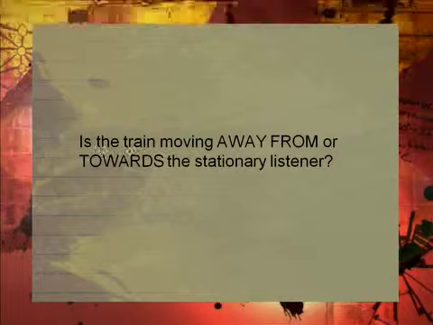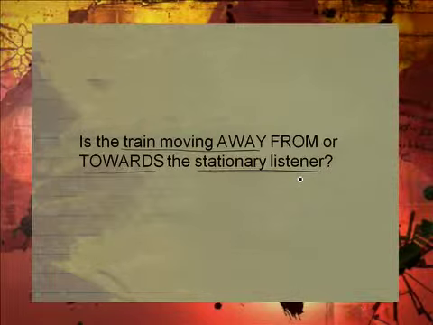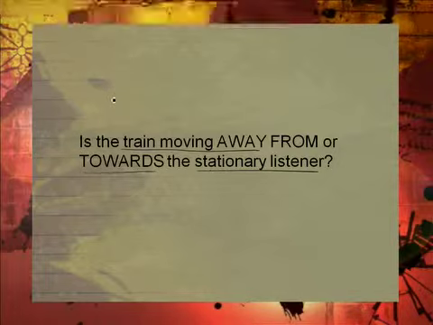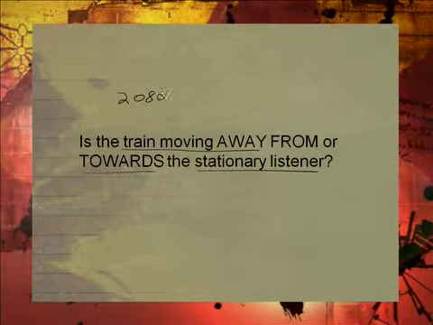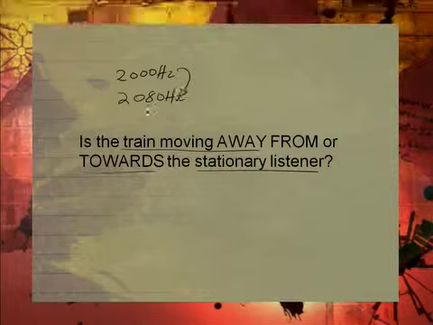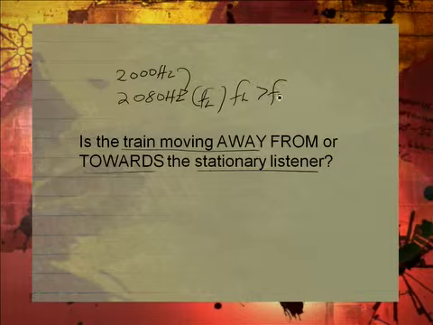All right. Next, is the train moving away from or towards the stationary listener? If the perceived frequency is 2080 hertz and the frequency of the source is actually 2000 hertz, we can see that the frequency of the listener is greater than the frequency of the source.